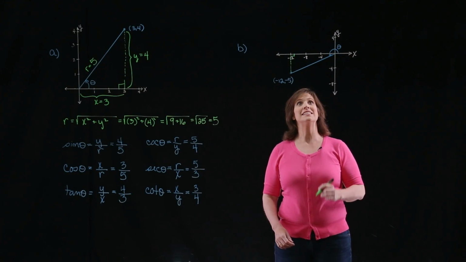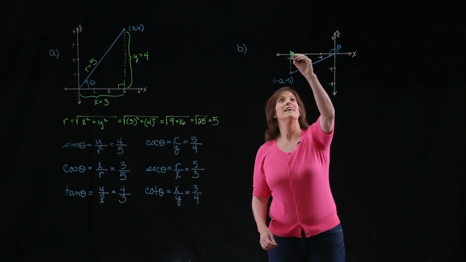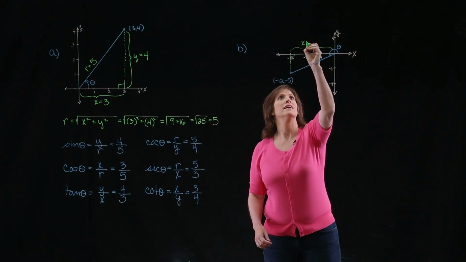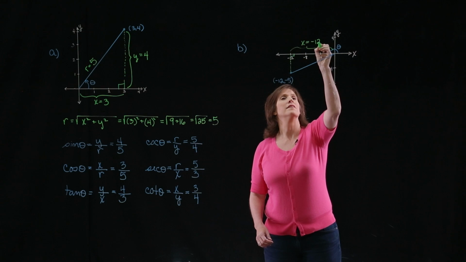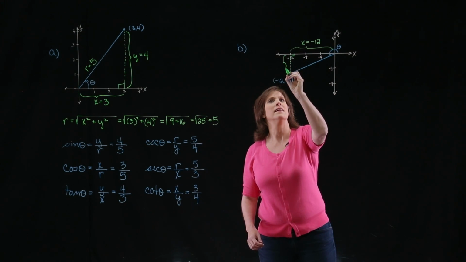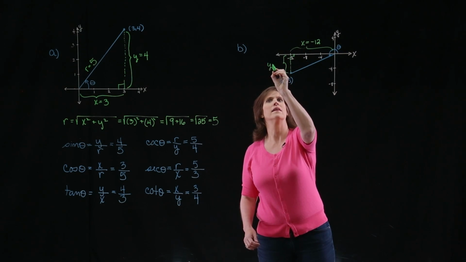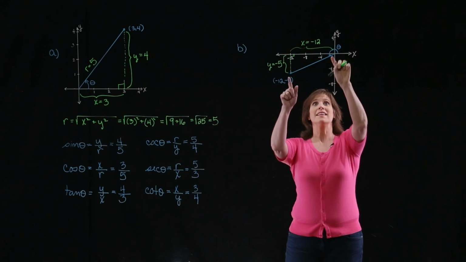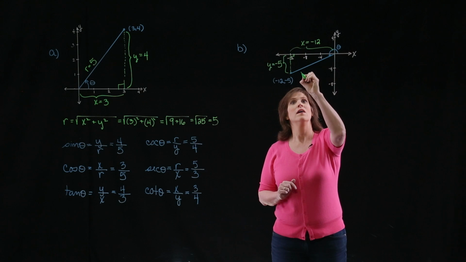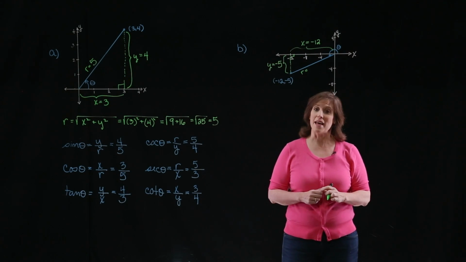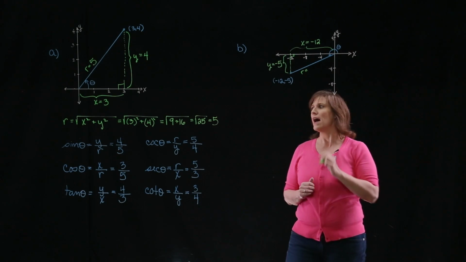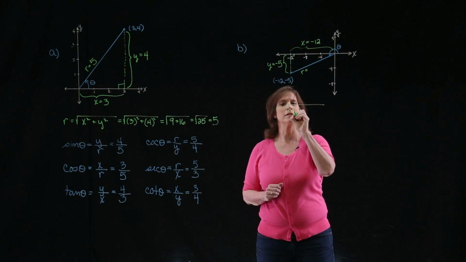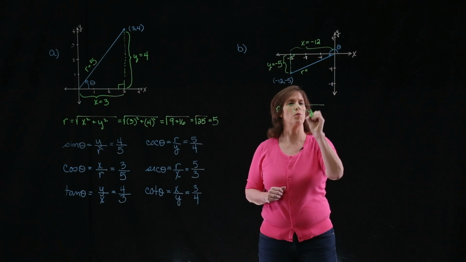In the triangle, you can see that this side, which represents the x-coordinate, is going to be -12. This side, which is the y-coordinate, will be -5. Now, to find this length r, we're going to use the Pythagorean theorem as we did before. I'm going to write r as being equal to the square root of x squared plus y squared.